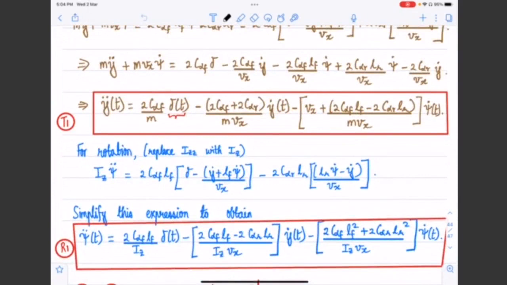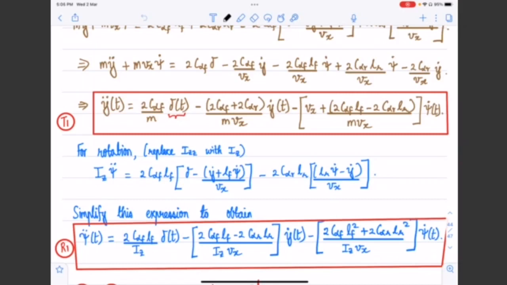We considered constant longitudinal speed, low angle assumptions, and a linear tire model to relate the lateral force and the slip angles. After all these assumptions, we put everything together and got two second order ordinary differential equations, one in y and another in psi. This is where we stopped, right?